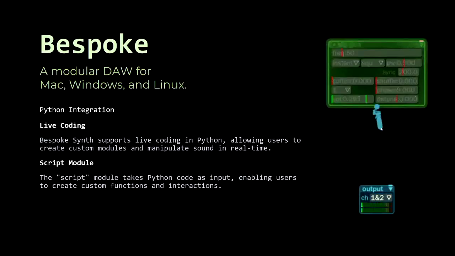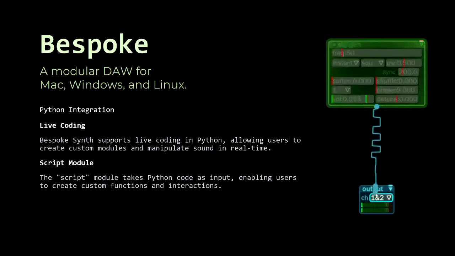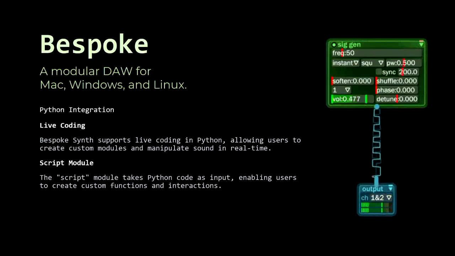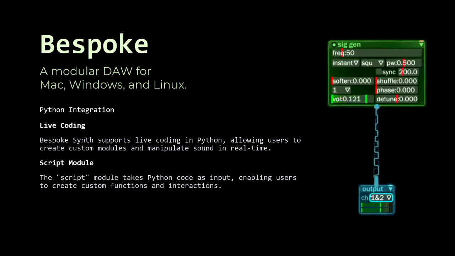Apart from the modularity, it supports other plugins and effects, and it also supports Python for live coding. Live coding is one module. A module is like that square that you can see in the slide. There are various modules in the application, and in one of them you can write a script and use it to control other modules.